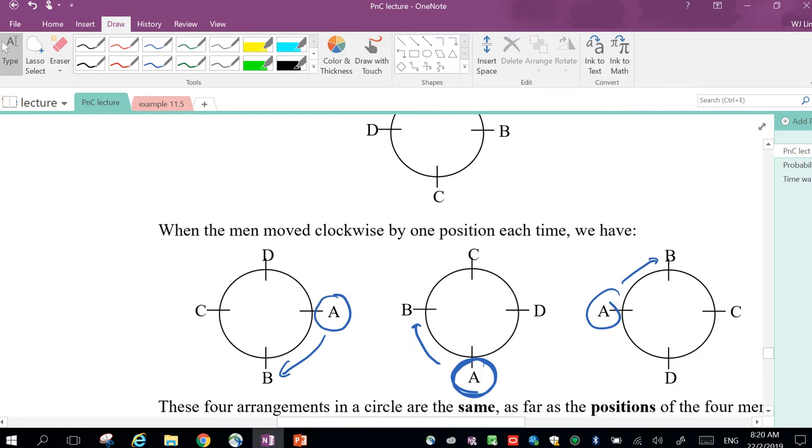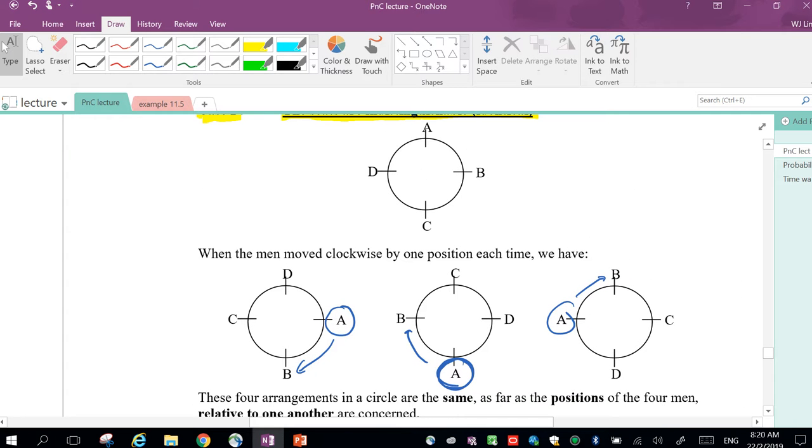Are these 4 arrangements the same? The seats are not numbered, just playing merry-go-round like that. They are all considered 1. Why is it all considered 1, not 4? Because imagine you are A. Seated on the left hand side is B, seated opposite you is C, seated on your right is D. Regardless of where you are seated, the orientation is the same.